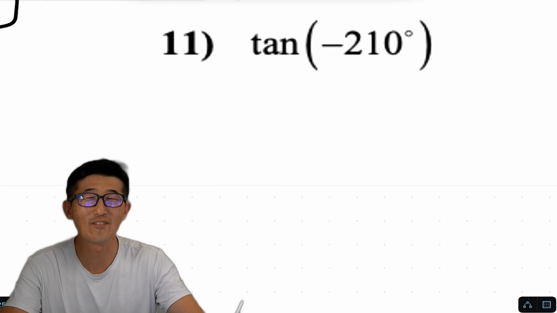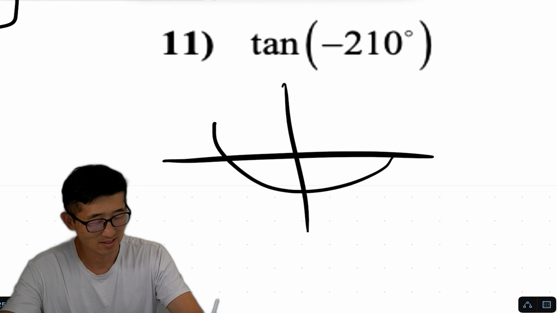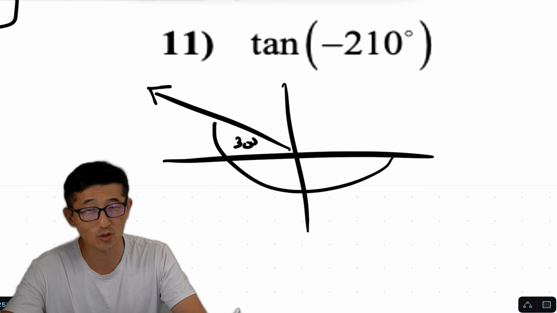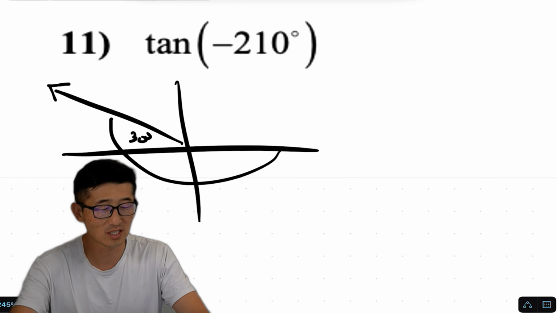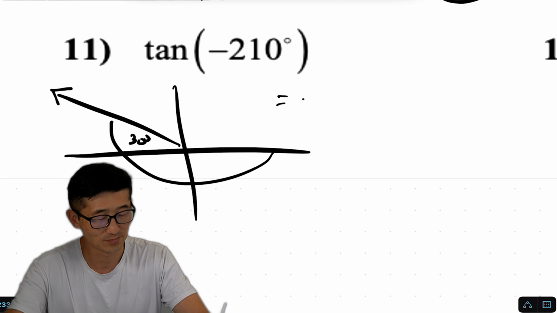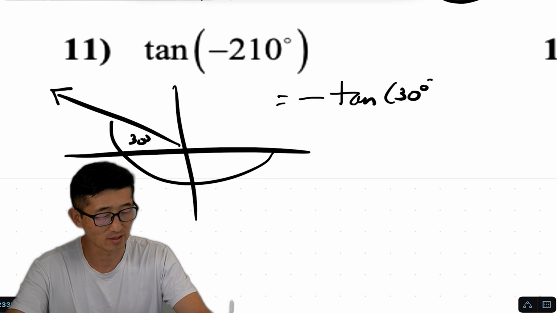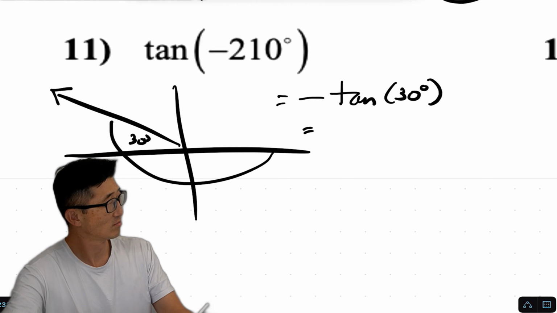What's your reference angle in this case? 30. Pi over 6. Yes, 30 degrees. We're in degree mode, so you have to give your answer as degrees. Basically, is it going to be positive or negative? Negative. All right, so what's tangent of 30? Rad 3 over 3.